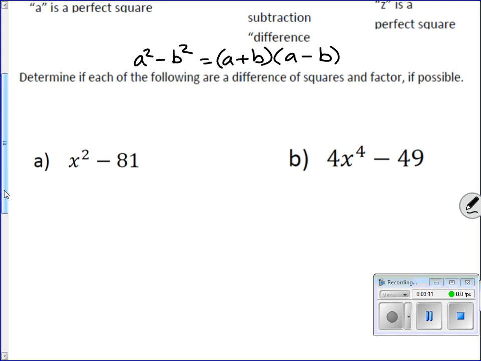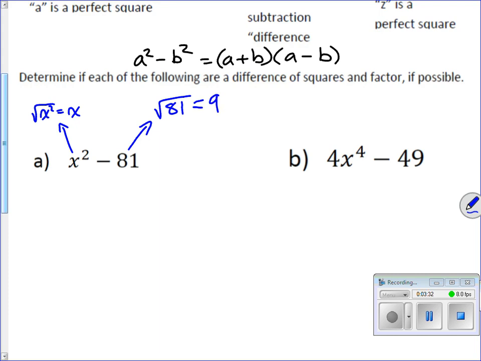If I take a look at this, x squared, you have to imagine you take the square root of x squared, and that gives us x. Then we take the square root of 81, and that gives us 9.